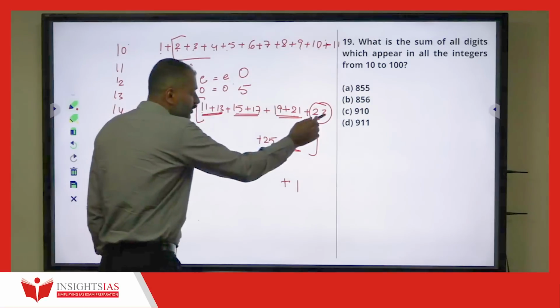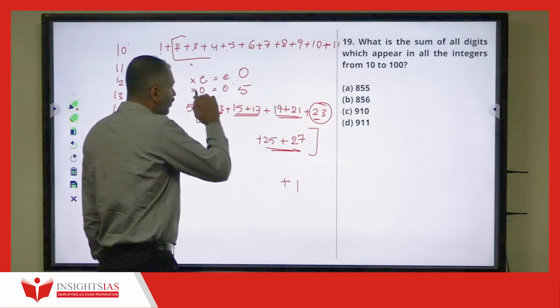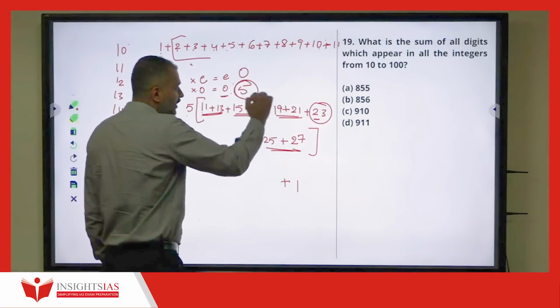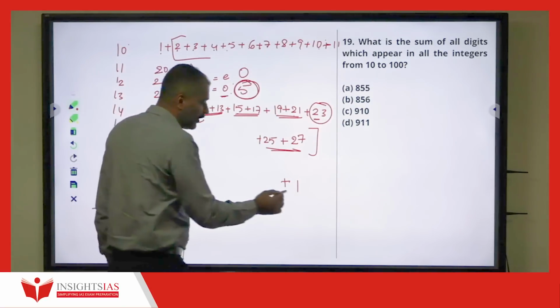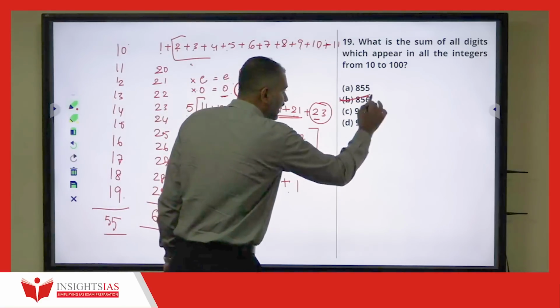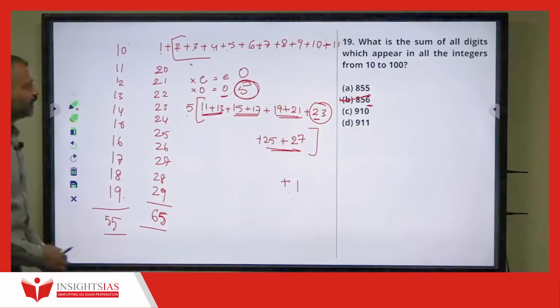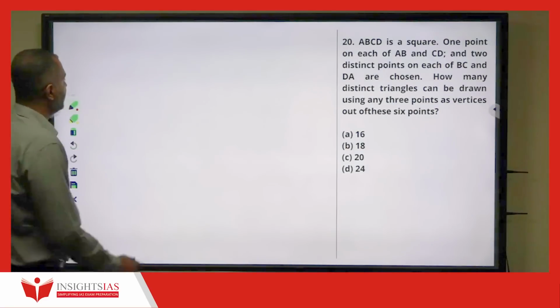Hence 5 into this odd number is odd, and the odd possibility is 5 only. If you add 1 to it, the number has to be 6. Anything ends with 6, that has to be the number. No need to multiply and see everything. Use smartness, number system. I am working on the unit digit here, that is it. ABCD is a square.